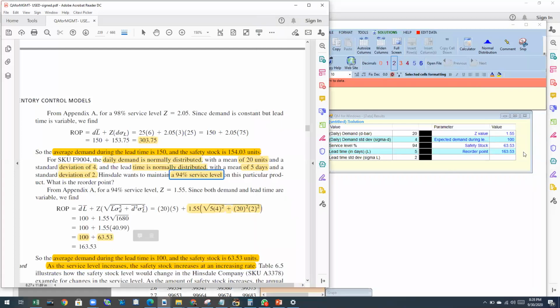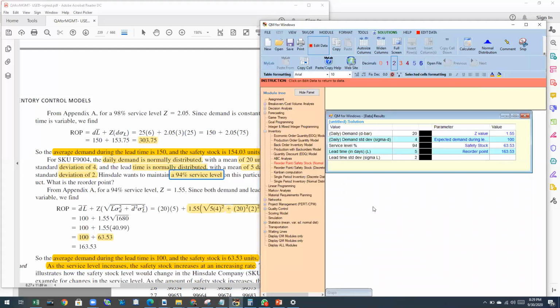There you go. Our expected demand during lead time is 100. Our safety stock is 63.53, and our reorder point is 163.53. So that is when we have safety stock with normal distribution.